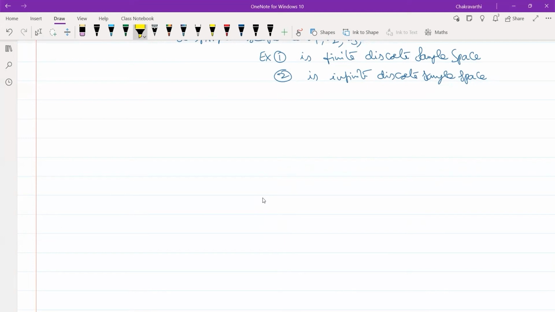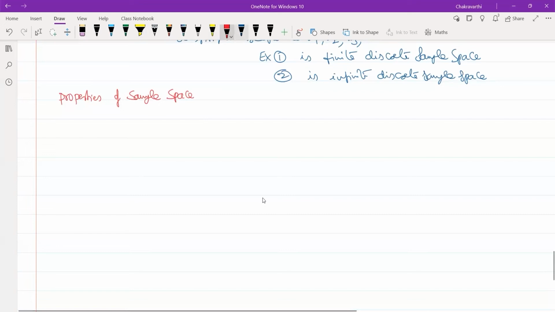Before taking the illustrations, some sample space conditions are there. Properties of sample space.